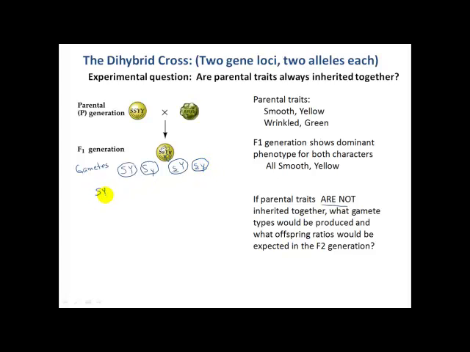And if we created a Punnett square in which we put the gamete types down the side, and remember that what we're doing is we're intercrossing these F1 plants with each other, so they're all going to be genetically identical, they're all going to produce the same types of gametes, then what we would end up with is a 4 by 4 Punnett square. And if we go ahead and draw out all of the genotypes that we would get from combining these gametes in all possible combinations, then we'd get 16 squares here.